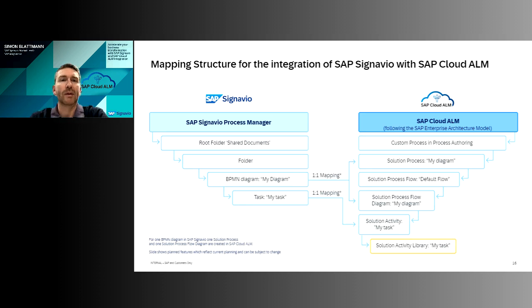Our next question is, will the structure of the process hierarchy be transferred to SAP Cloud ALM? That's also a very important comment. With the MVP release in December, we will not have the possibility to synchronize the process hierarchy, but that's certainly something we have in mind. We see the value and also the need to do this.